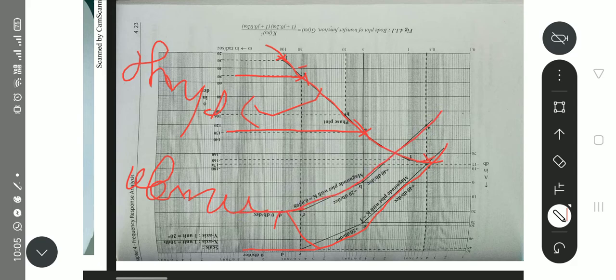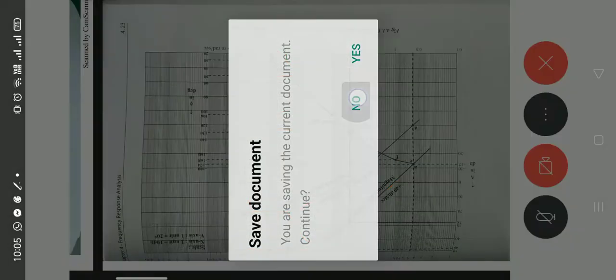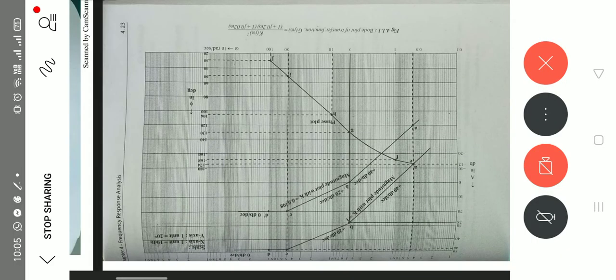The phase value also you can get with some difference like this. These are the Bode plot, magnitude and phase. All of you understood?